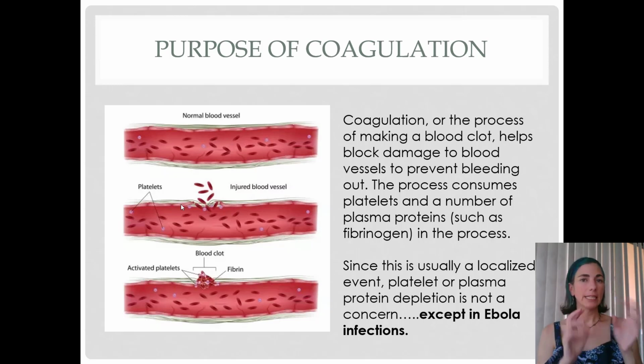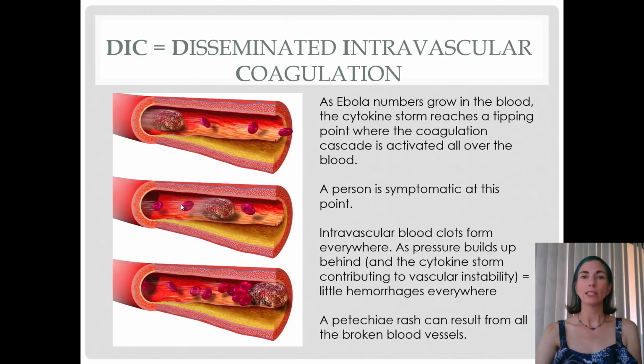All right, typically this is a localized process, but coagulation can also be induced by a cytokine storm. So when Ebola numbers start to grow, the cytokine storm starts to trigger coagulation. And instead of happening along a vessel wall, it happens inside the blood vessel as shown here. Now, you're going to make all of these small little clots all over your body.